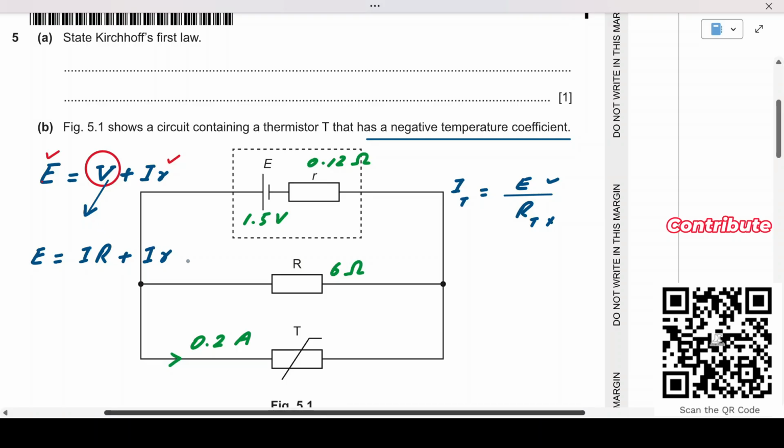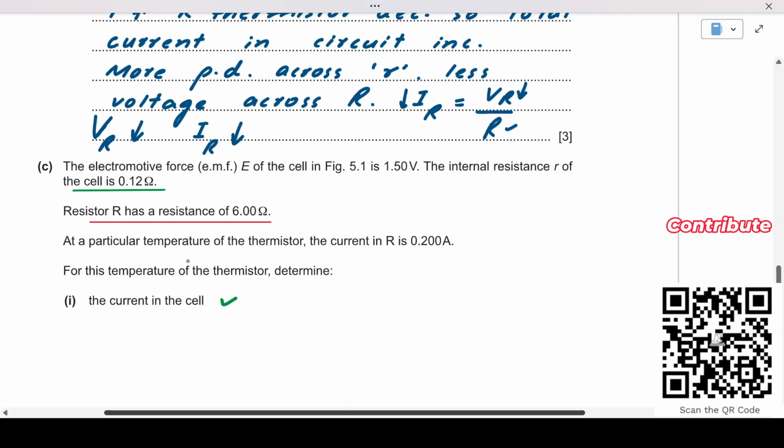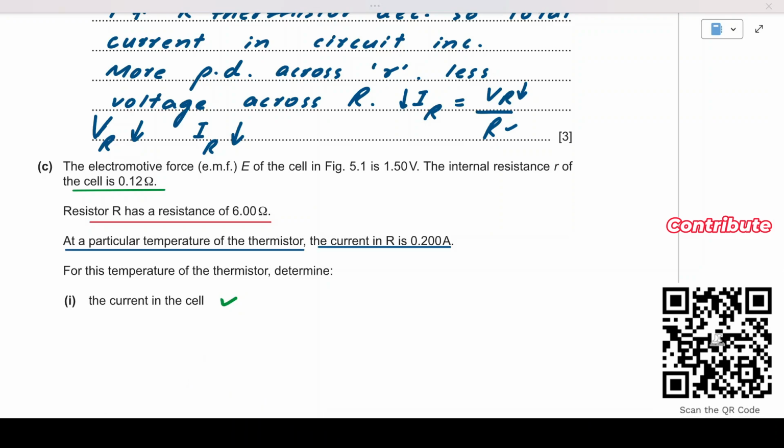Okay, wait a minute. Resistor R has resistance 6 ohm, and so actually we are given the current in the resistor R, not in the thermistor, you see.